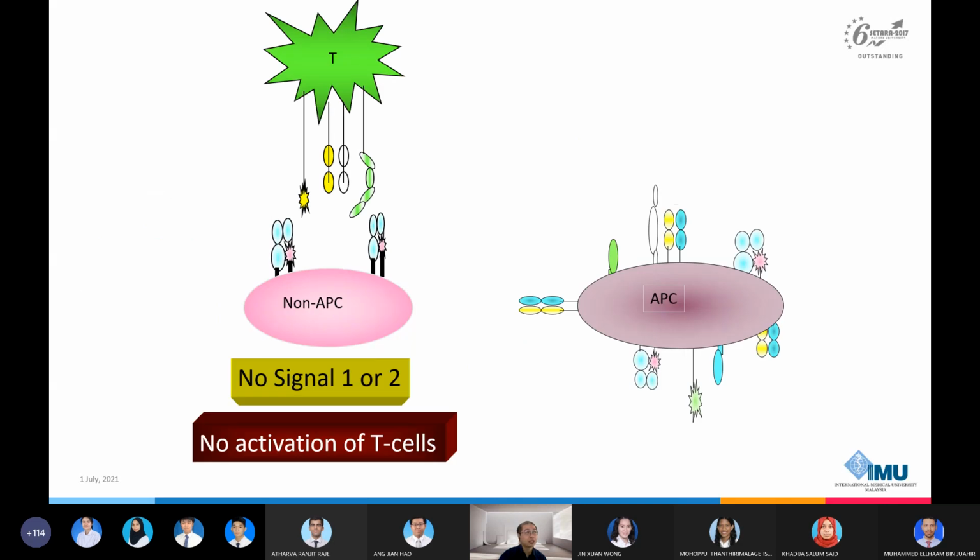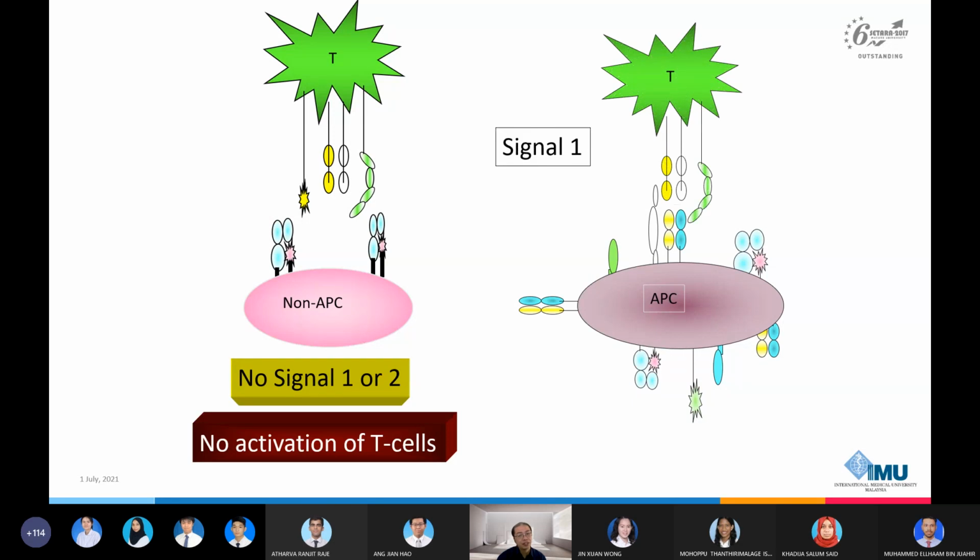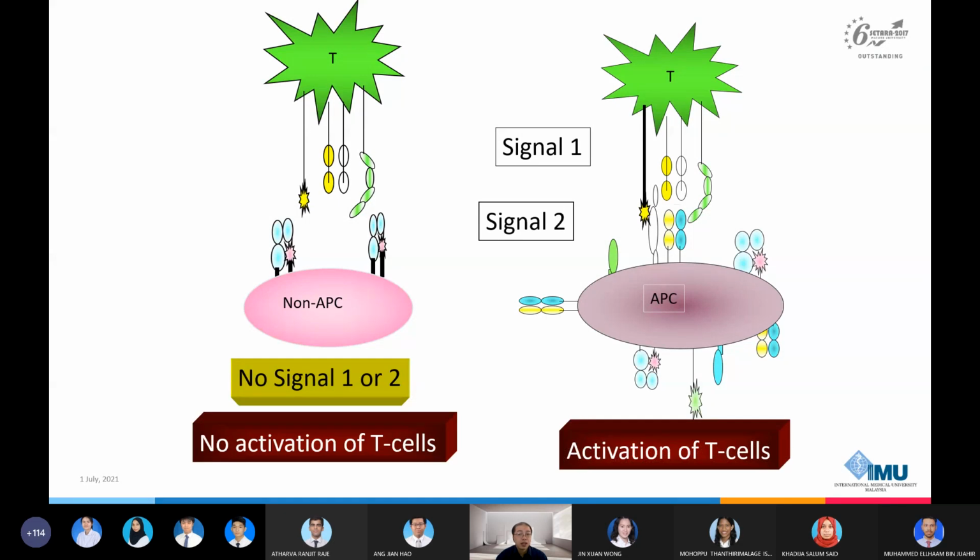Well, self-explanatory: no signal 1 or 2, no activation of T cells. For T cells to be activated, they need signal 1 and signal 2. Signal 1 is the T cell receptor and MHC class 2 for T helper cells. Signal 2 depends on the APCs.